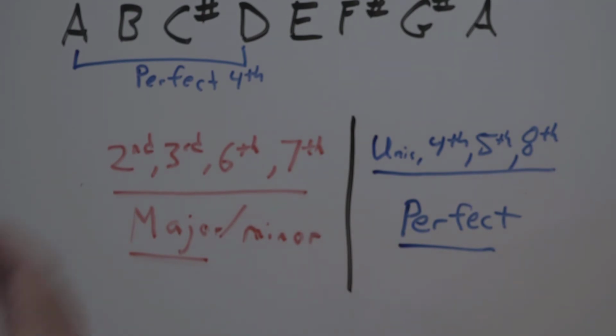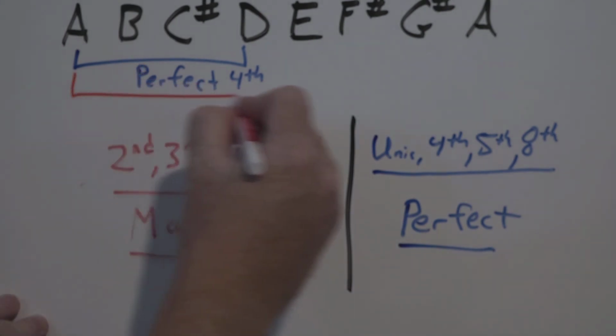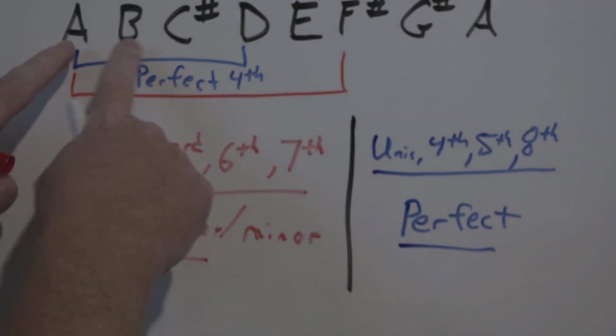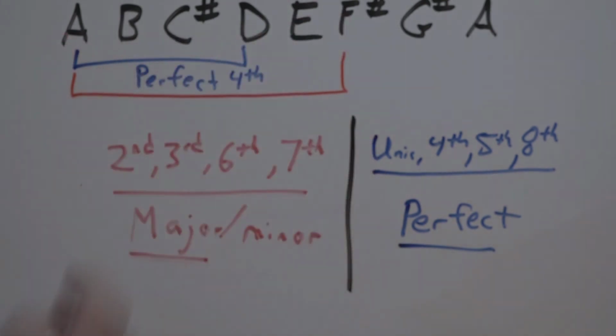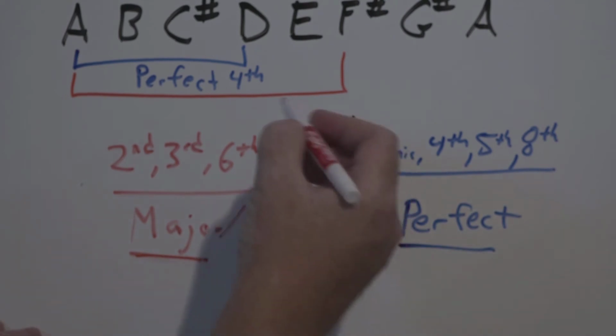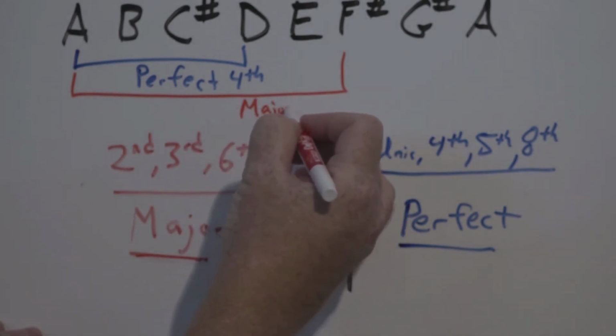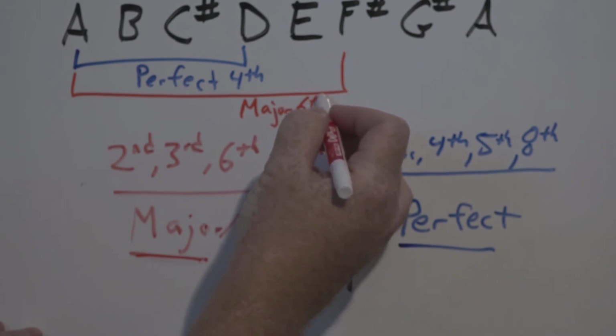If we go from A to F sharp, that is a second, third, fourth, fifth, sixth. That will be a major sixth.